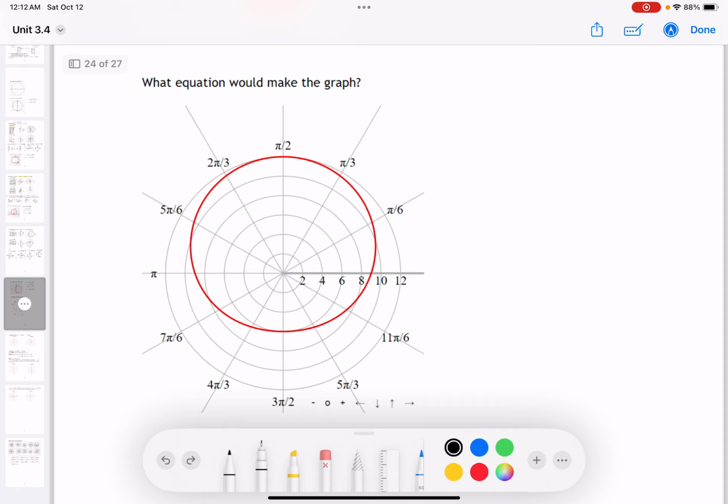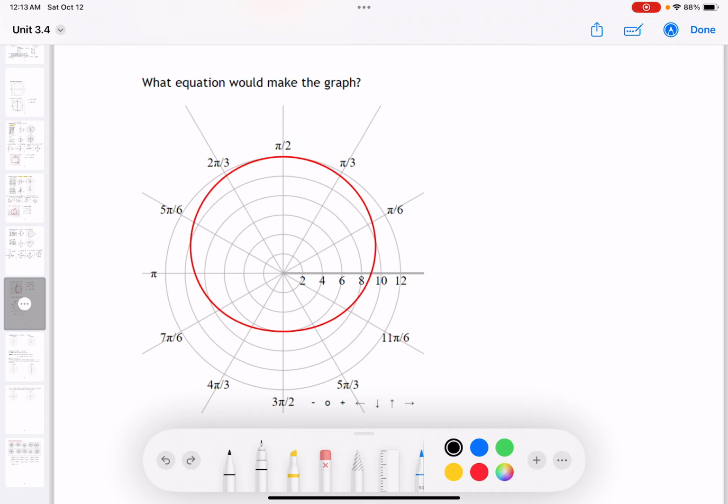What equation would make the graph? It seems like a circle, but it is not a circle. If it were a circle, I must have my circle like this, or like this, or like this, or like this. So the graph shown in this image is not a circle.